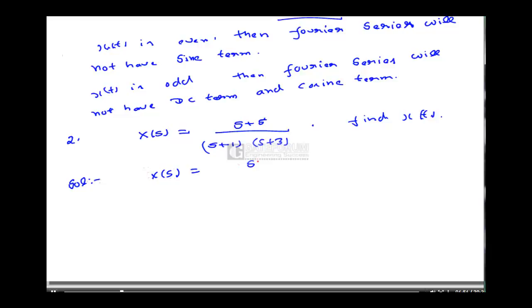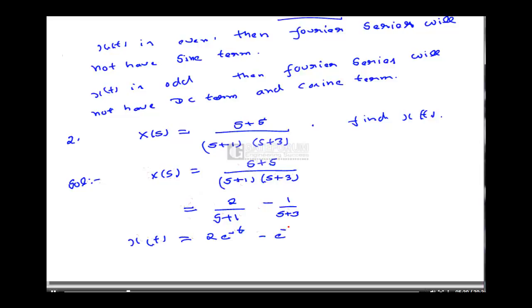Use partial fractions. I can write this as 2 upon s plus 1 minus 1 upon s plus 3. So now finding the inverse Laplace transform is very easy. It will be 2 e to the power minus t minus e to the power minus 3t. This is the answer for this.